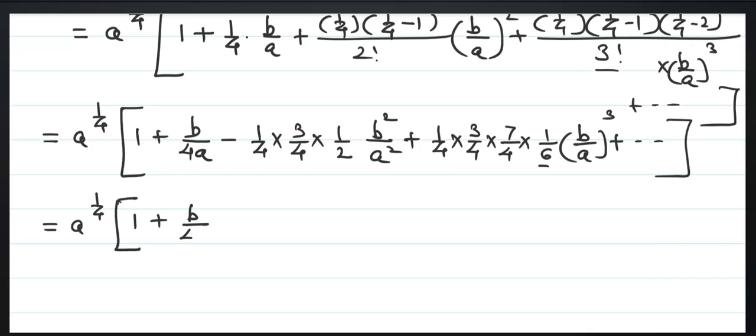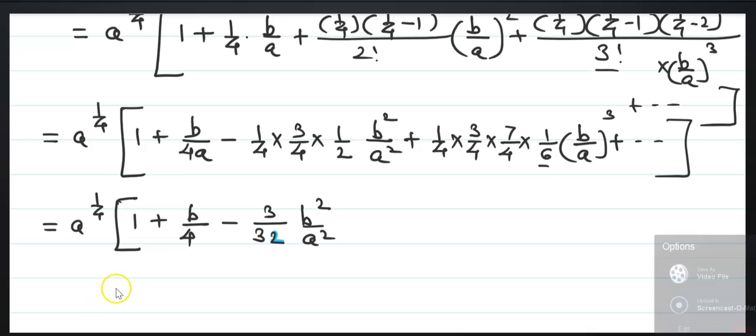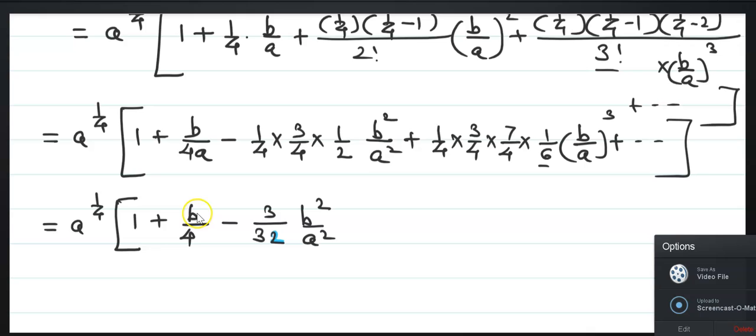Now the normal simplification is here. The first is as it is. I forgot to write here a. That is 1 plus b upon 4a minus 4 into, I forgot to write here 4a. Next is 3 upon 4 into 4, that is 3 upon 32 b square upon a square.